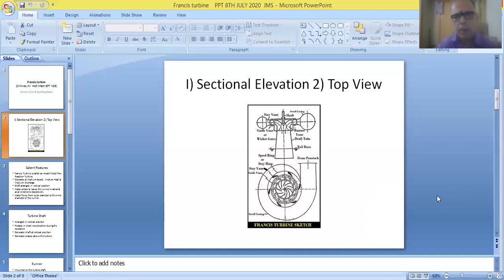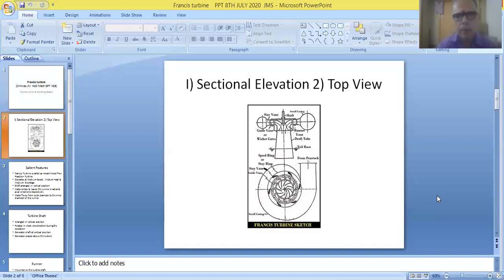And finally, the pressure of the liquid entering the runner will be greater than the pressure of the liquid leaving the runner. This pressure difference is called reaction pressure, and this reaction pressure is very essential for operating the turbine.